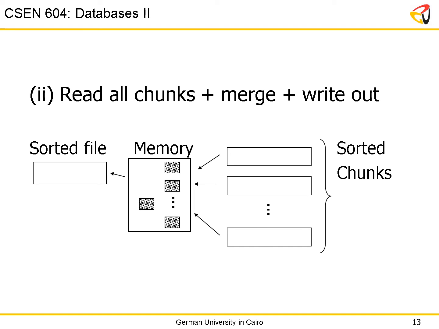So let's say one page has minimum value 1 and maximum value 10, and another page has minimum 50 and maximum 70. Do they overlap? No, they don't overlap, so I'm not really interested in them. I'm interested in pages that have an overlapping range.